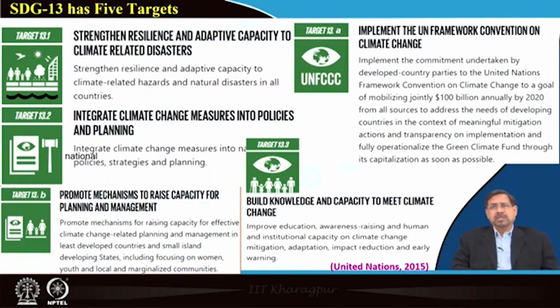Implement the commitment undertaken by developed country parties to the UNFCCC to a goal of mobilizing jointly 100 billion annually by 2020. Look at the commitment. This commitment is important to realize climate action. The commitment is mobilizing jointly 100 billion annually by 2020. We will see in our subsequent lectures that it has not been achieved.